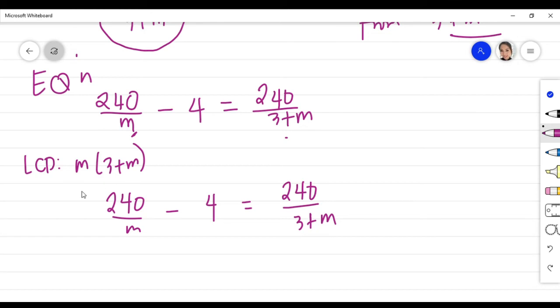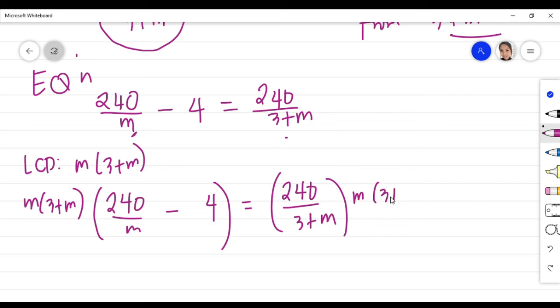So multiplying them by our LCD, m times 3 plus m. We can also do divide then times. So if we divide here, m is removed, right? So we are left with 3 plus m and 240. So 240 times 3 plus m.